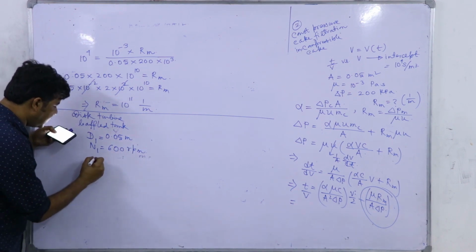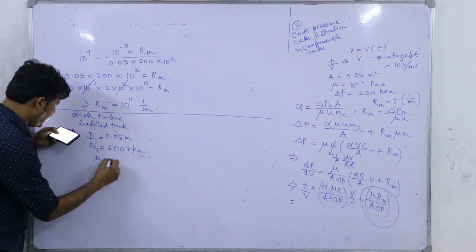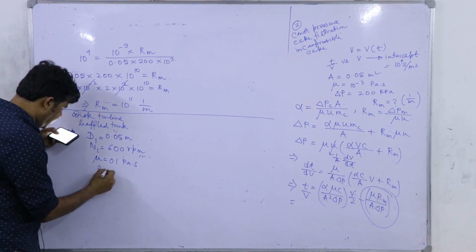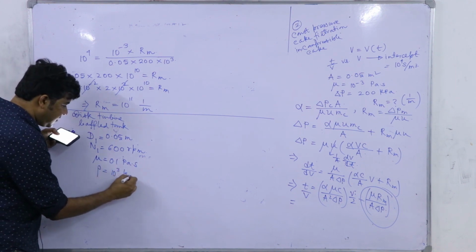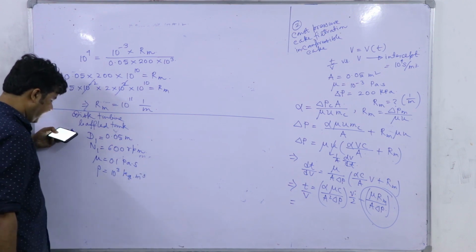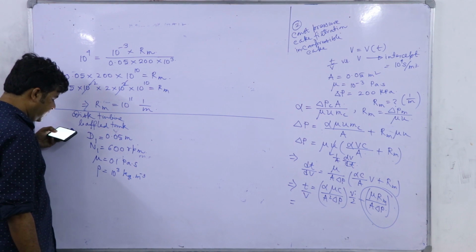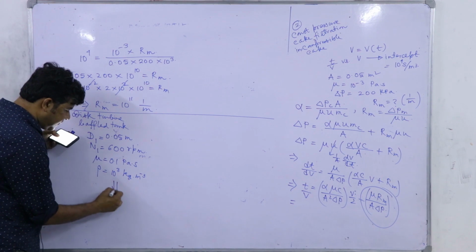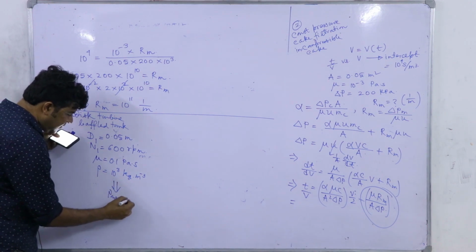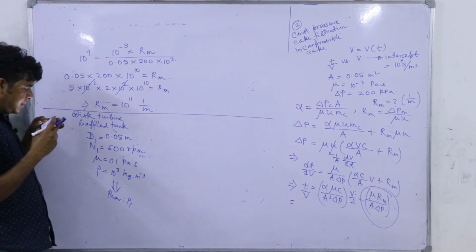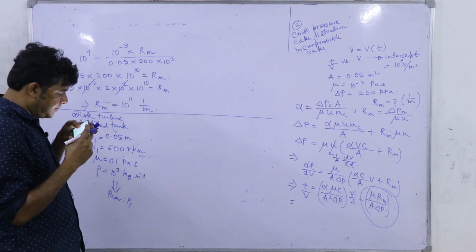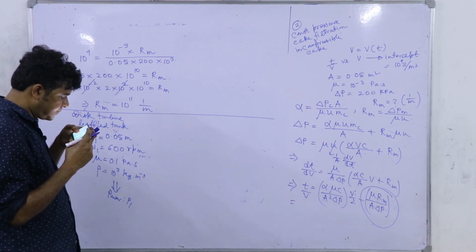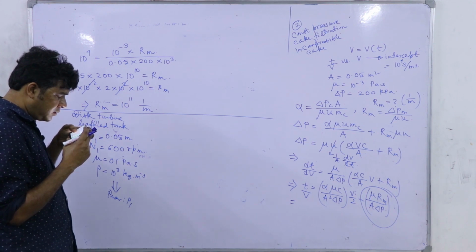The liquid viscosity is 0.1 Pascal second and the liquid density is 10 to the power 3 kg per meter cube. The effect of gravity is negligible. If the power required in the lab scale model is P1, the estimated power for the actual application is P2.